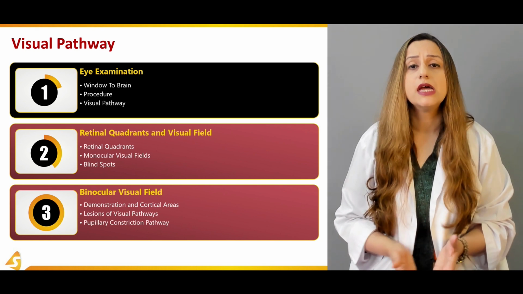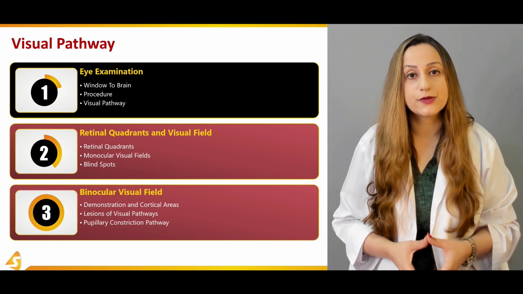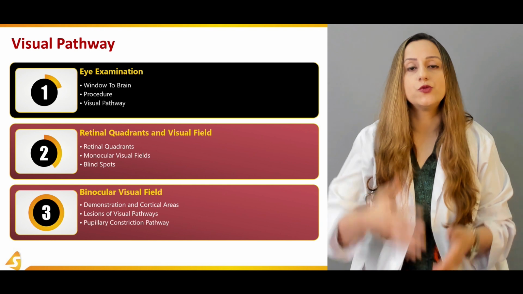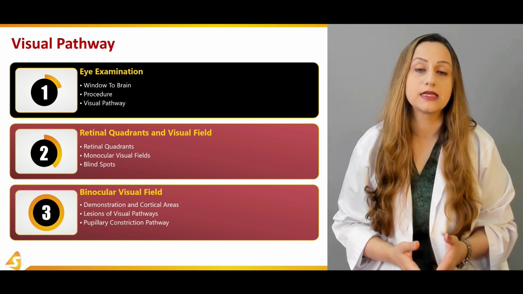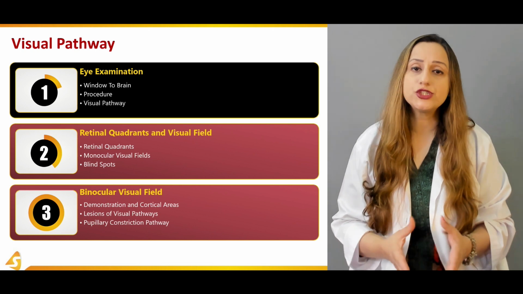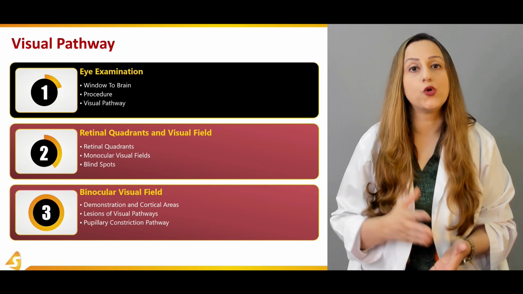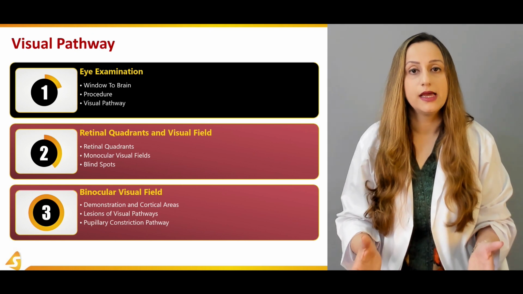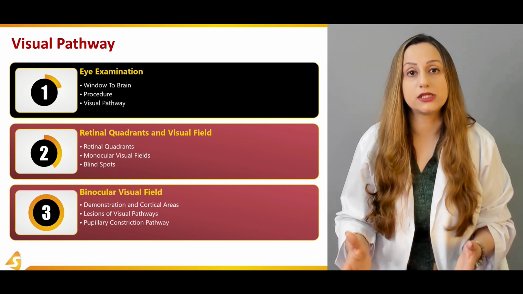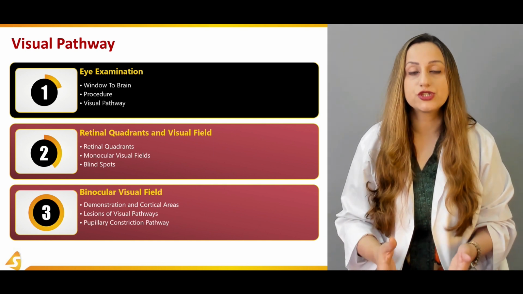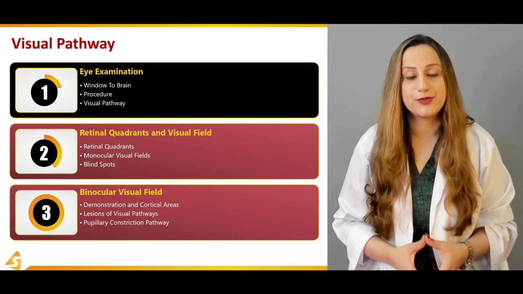Then we have tangent screen visual field defect testing. All of these tests are performed in the person in whom we are trying to detect visual field defects. One should know how to distinguish the blind spot, which is a normal finding in every person. It is physiological and doesn't carry any pathology. So one should know how to distinguish between the blind spot and a visual field defect in a particular person.